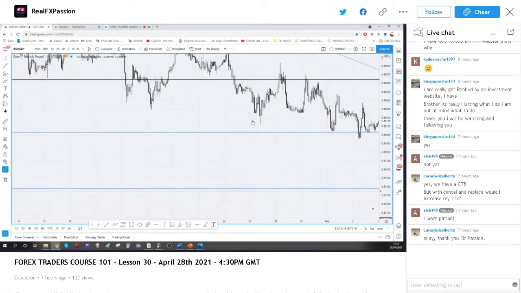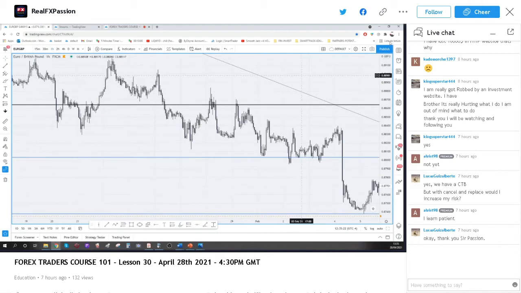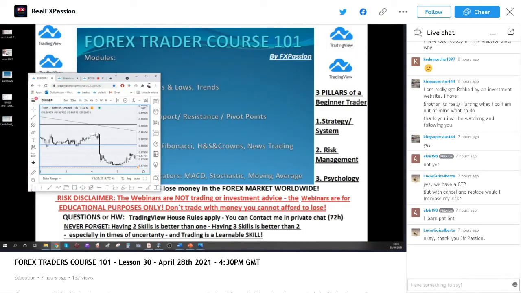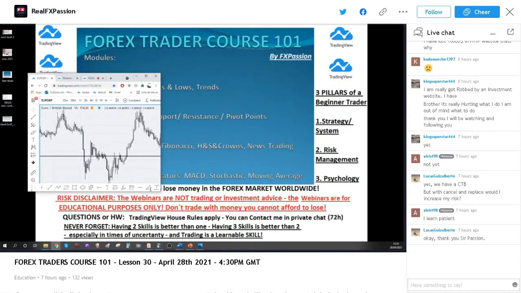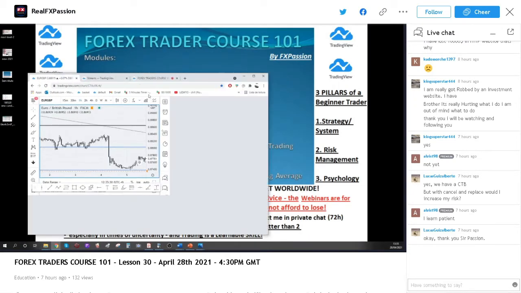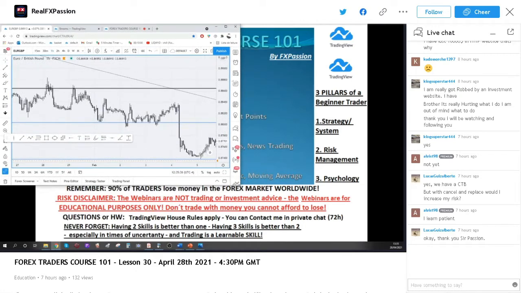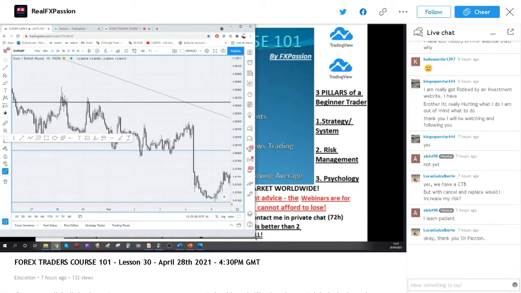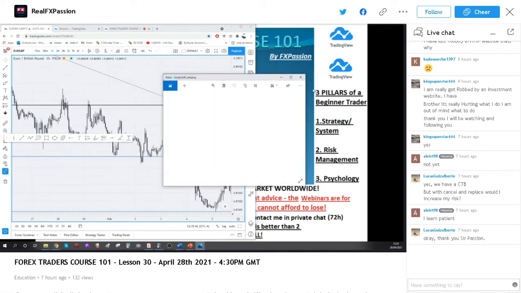So this is going to be TradingView. I'm going to do something like this, everybody. Have a screen of TradingView, and the two pictures, remember, from lesson 29, right?